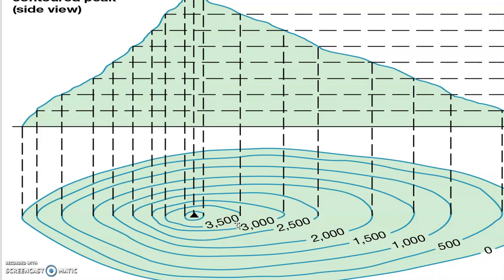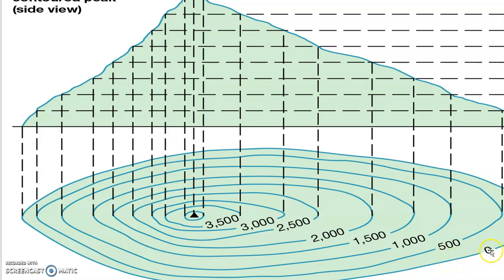Remember, in my last lesson I did say that we always measure our height from the sea. So at sea level we are assuming that we are at 0 meters. And then we ascend or descend depending on whether you're going up or down. So what do these contour lines mean?